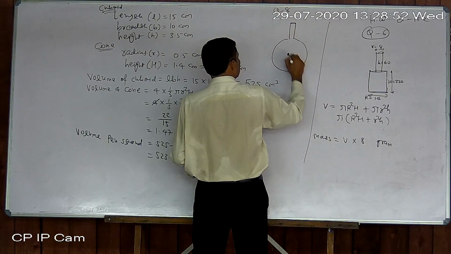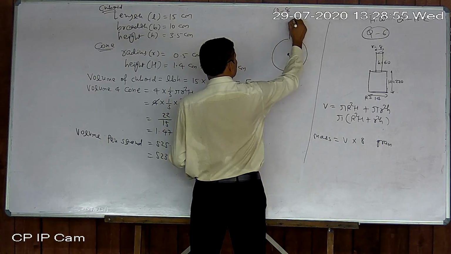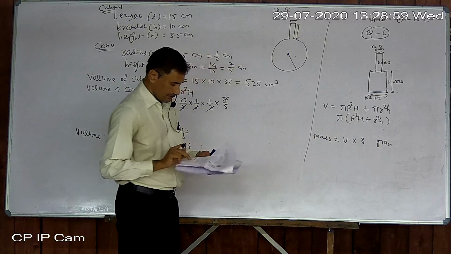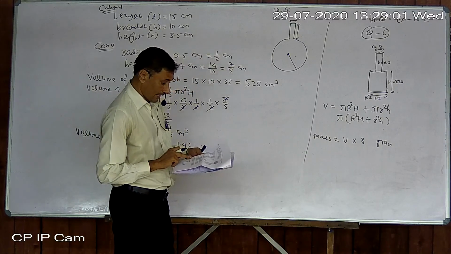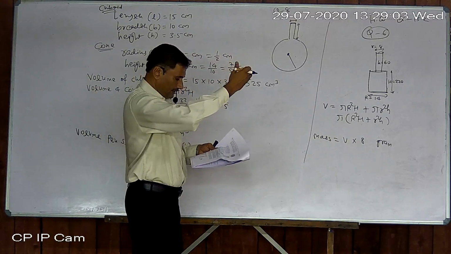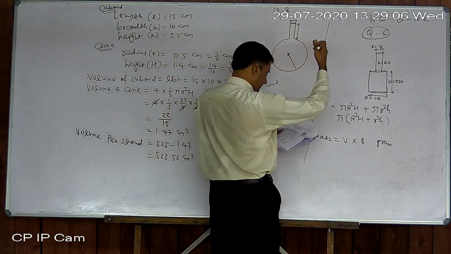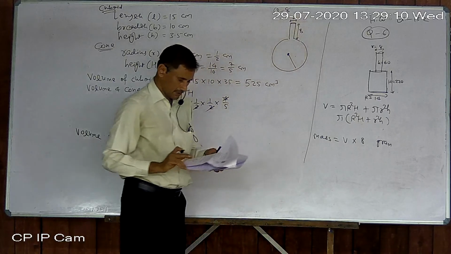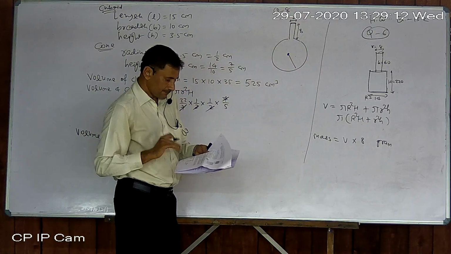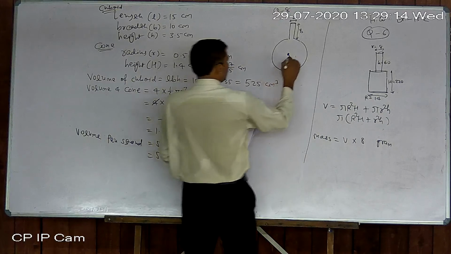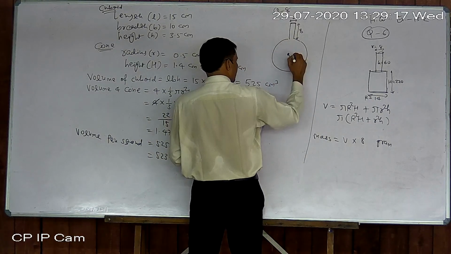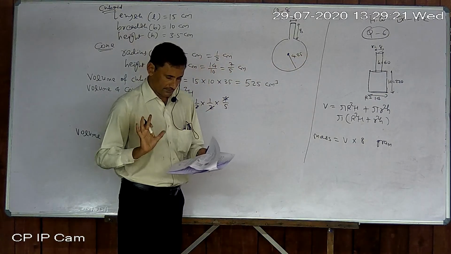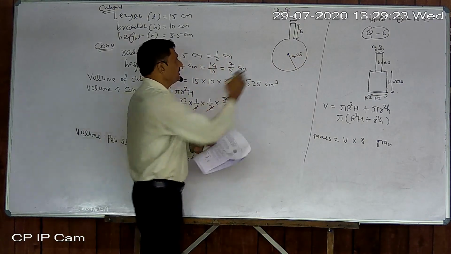Now the radius is given, this one also given, and height also given. So here is an 8 centimeter long neck. Neck means that cylindrical part. Cylindrical neck, 8 centimeter long and 2 centimeter diameter. So this is diameter, not radius. The diameter of the spherical part is 8.5. Again, diameter is 8.5, so the radius will be 4.25. Okay.